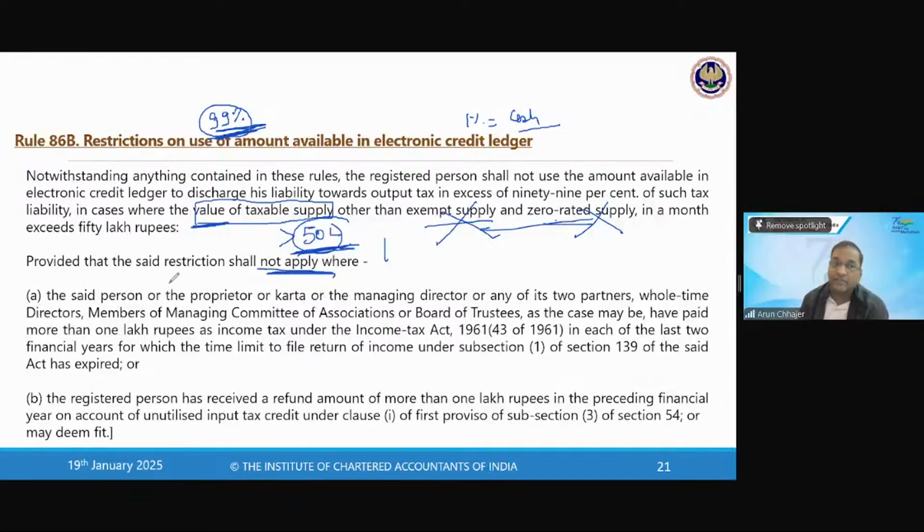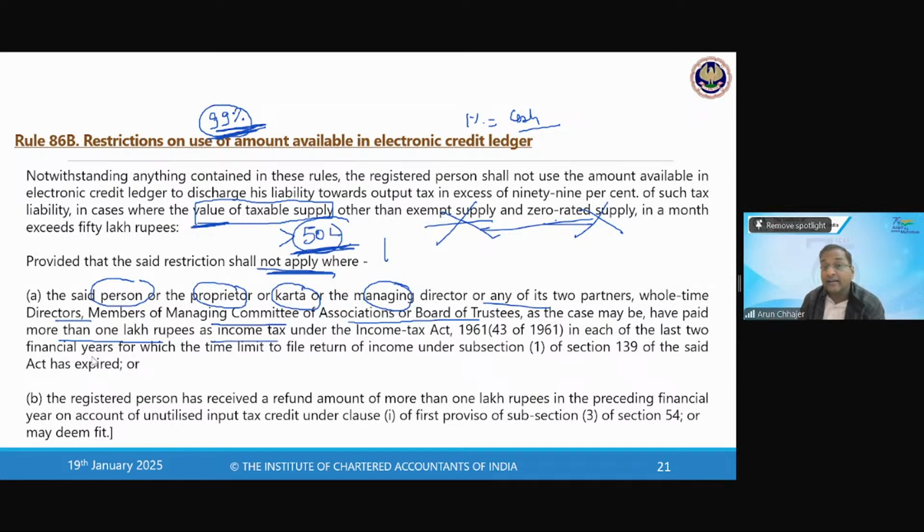It will not apply in some cases. So there are 5 exceptions. What are the 5 exceptions? If the said registered person या तो proprietor है या karta है, managing director है, or any of its two partners, मतलब minimum 2 पार्टनर होने चाहिए ना पार्टनरशिप फॉर्म में, तो any partner, WTD whole time director, managing committee of association, board of trustee have paid more than 1 lakh as income tax in each of the last 2 years.